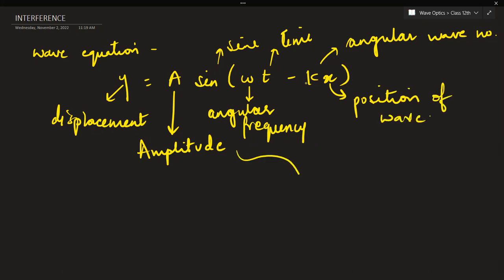And this entire term, omega t minus kx, is known as phase, or phase angle. Also, this angular wave number k is equal to 2 pi by lambda. All this we have studied in EM waves. Just revising. For electromagnetic waves also we had studied E is equal to E naught sine omega t minus kx, and the electric field, magnetic field and propagation were all perpendicular to each other. Now see phase and phase difference.